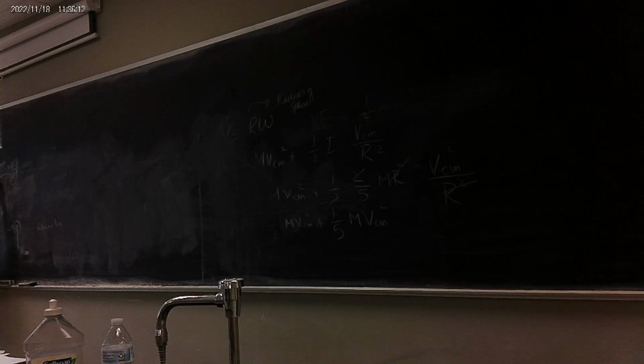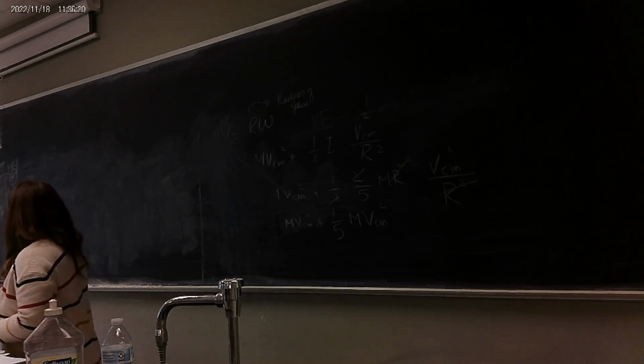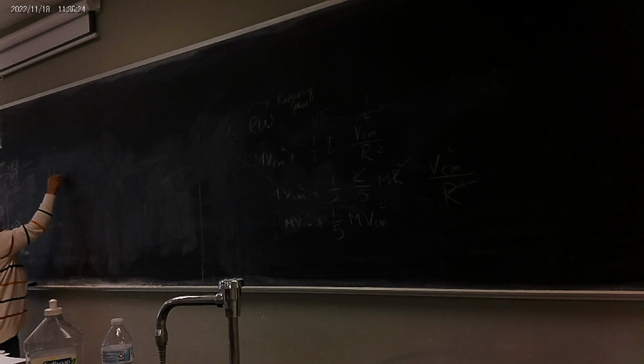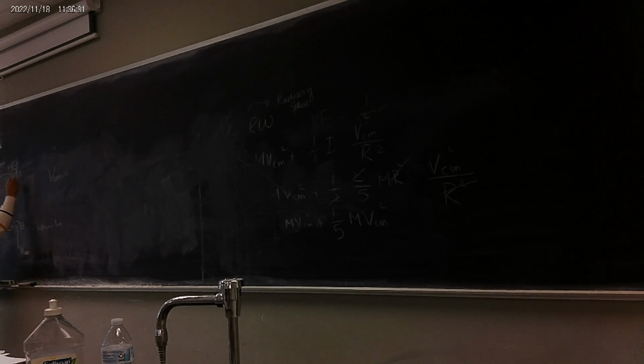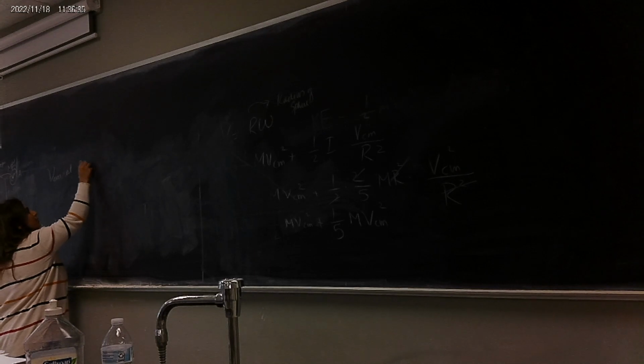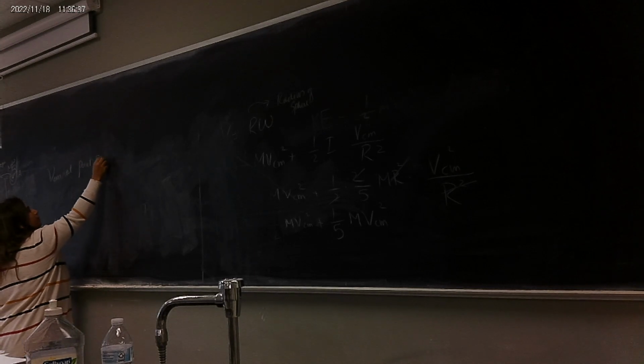Okay, 3 centimeters. That seems more reasonable, even less. And you need to find out VCM at the end. You can call these points point B and point A, VCM at point B.